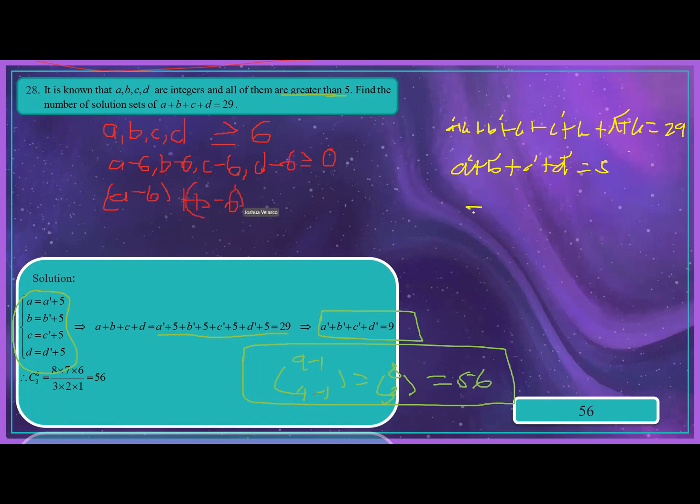This should be 5 plus 4 minus 1, taken 4 minus 1. 8 taken 3. Okay, you're right. Thank you, Joshua Velasco. It should be 8 taken 3. 5 plus 4, 8 taken 3. 8 taken 4. Okay, just continue, please.